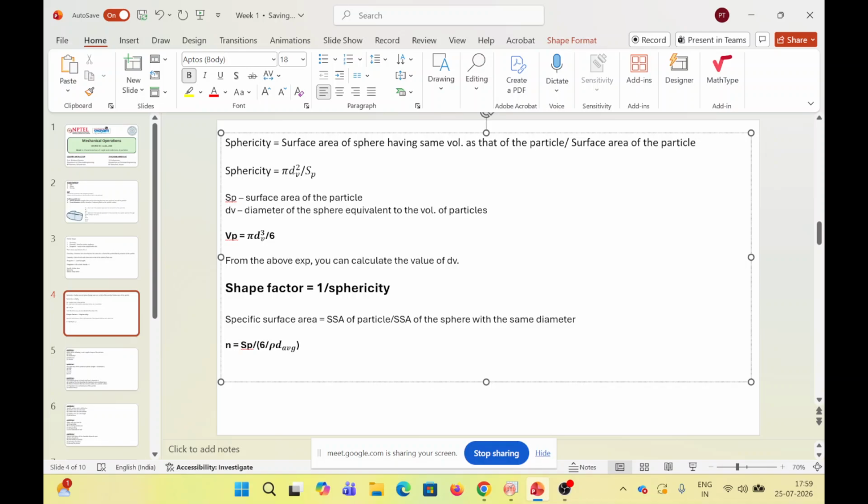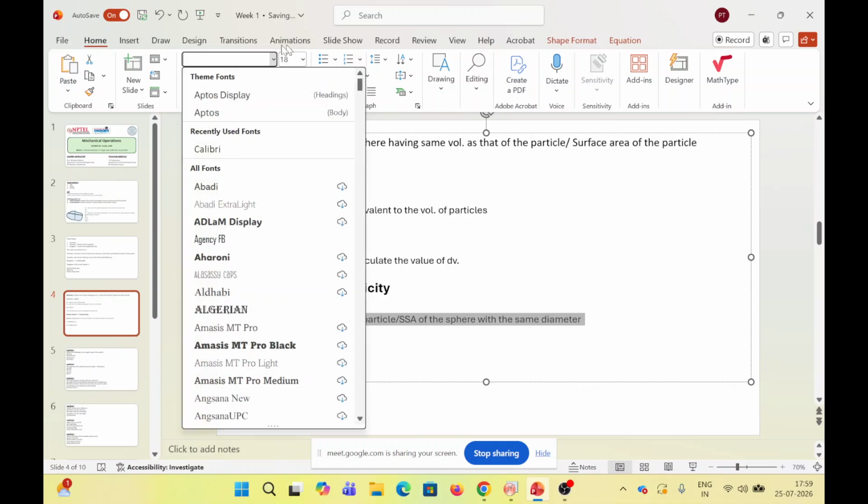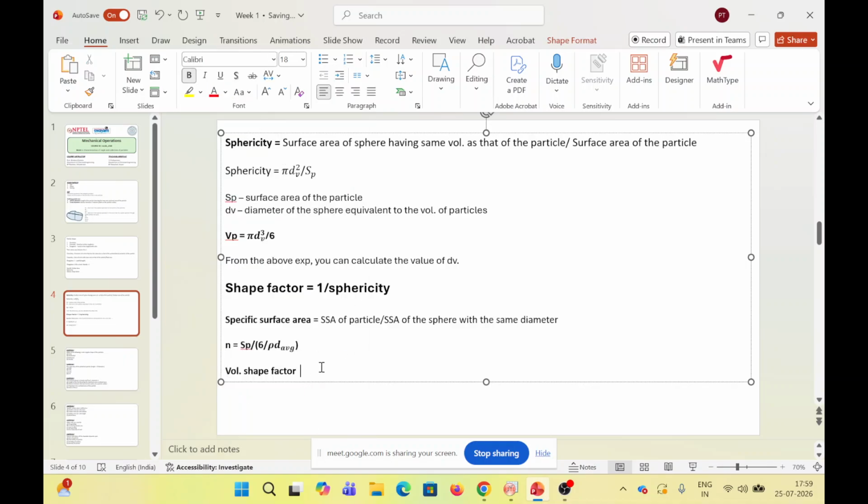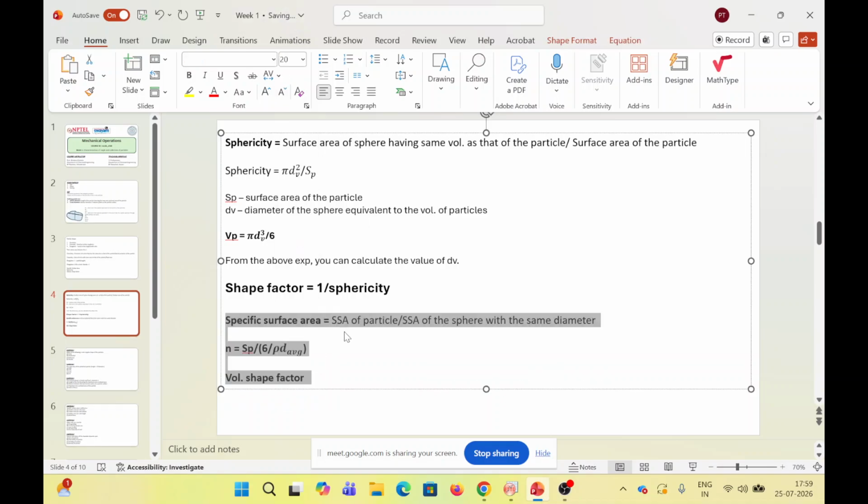After this, you have another quantity called the volume shape factor, which is based on the volume of the irregular particles.